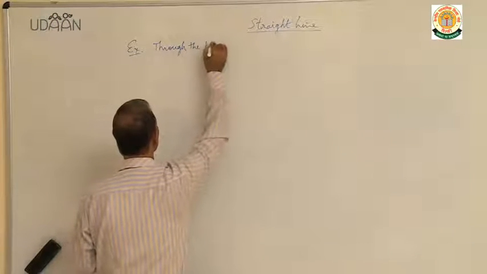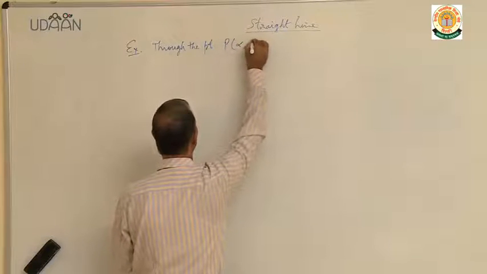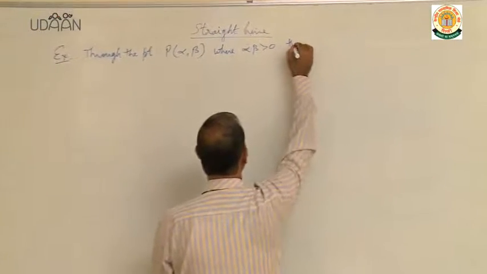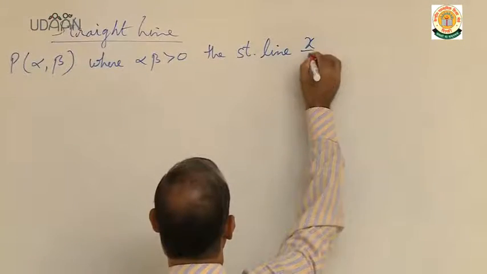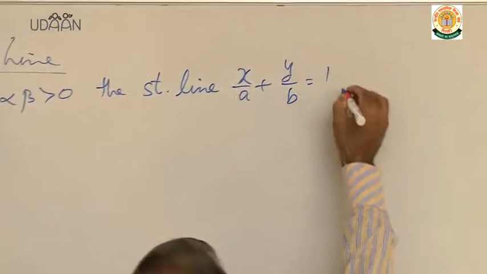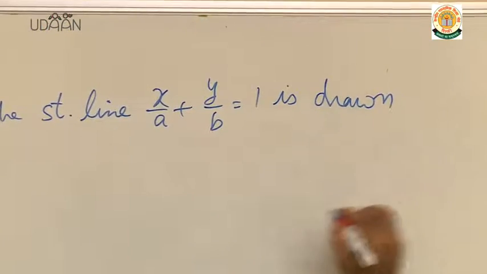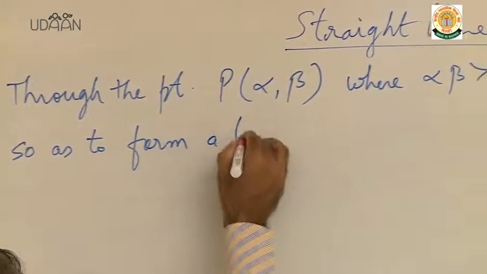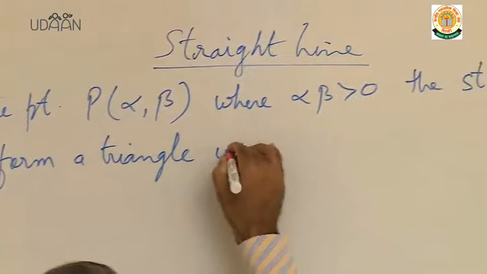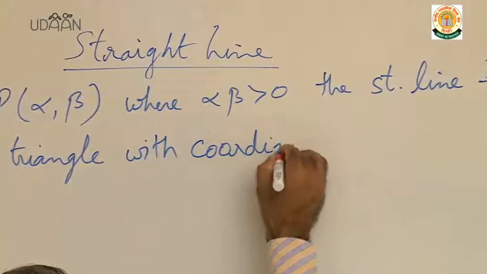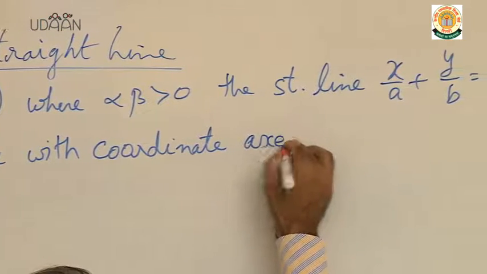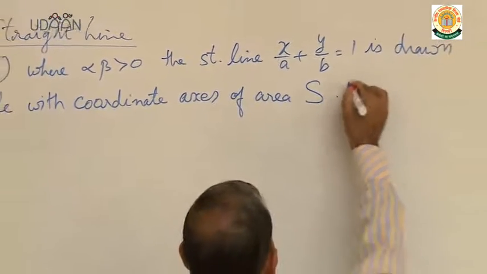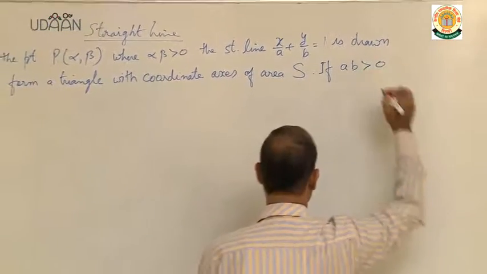Through the point, the coordinates of which are given, say, alpha and beta, where the product of alpha beta is positive, the straight line x upon a plus y upon b is equal to 1 is drawn so as to form a triangle with the coordinate axes of area S, capital S. Now, the product of intercepts is positive.